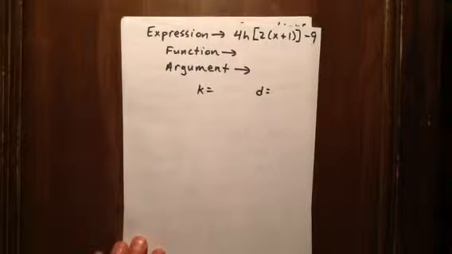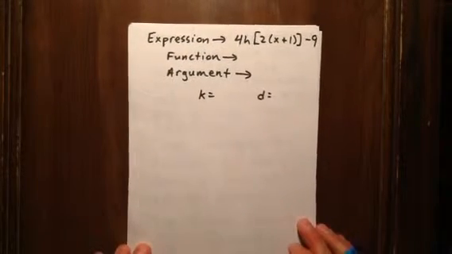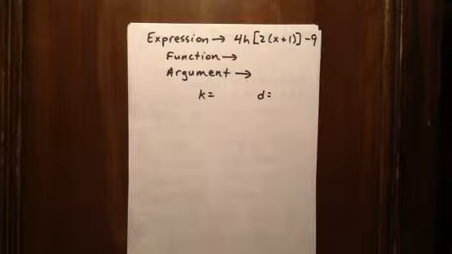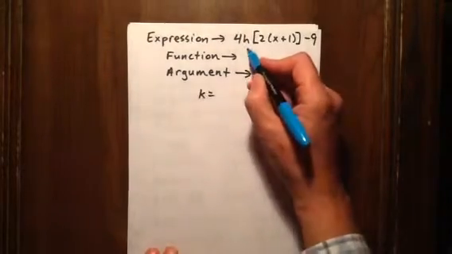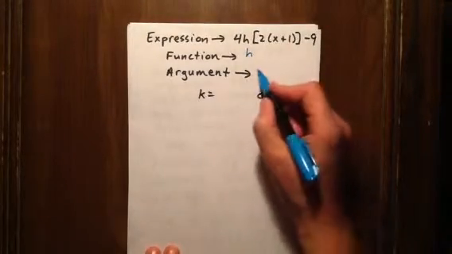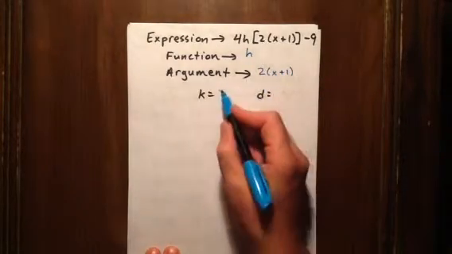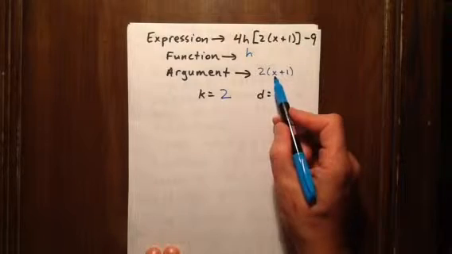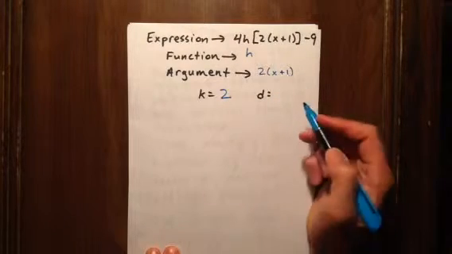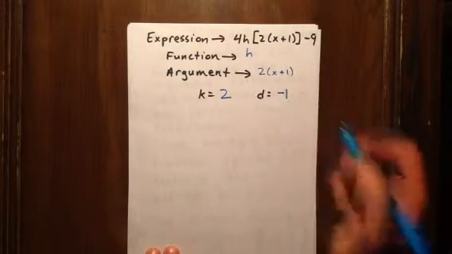Okay. And looking at this example, we've got the expression 4h of open bracket 2, open bracket x plus 1, close bracket, minus 9. Well, the function is h. The argument is 2 bracket x plus 1. The k value is 2. And since this needs to be x minus d, we say the d value is negative 1.